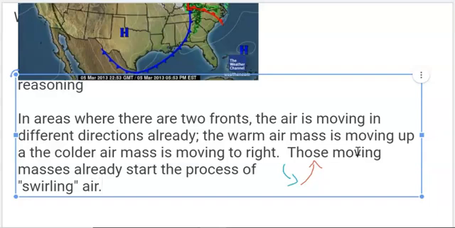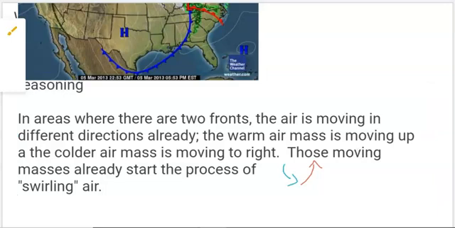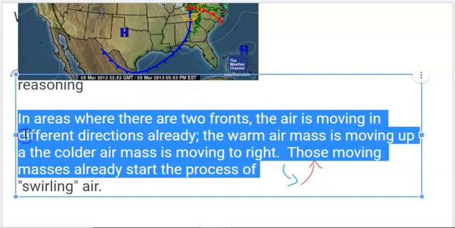That's the first step: you've got these two air masses moving, one here, one here, and you've already got that swirling motion happening where you've got wind moving in different directions. But I'm going to pause here, let you write that part. The next step, I'm probably going to have to erase this to make space for it. So go ahead and jot this down. Then we've got to talk about the low pressure area too. That's what seals the deal.